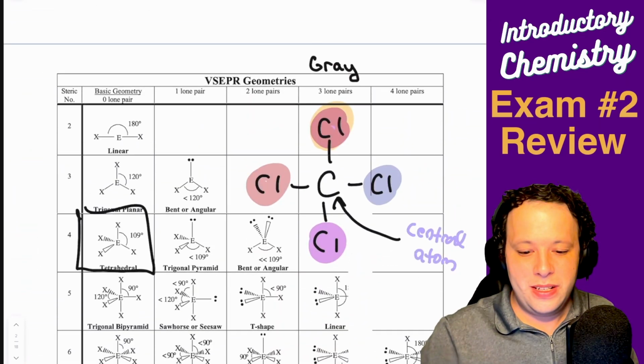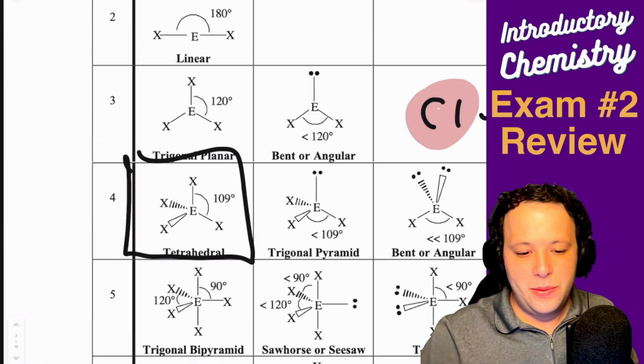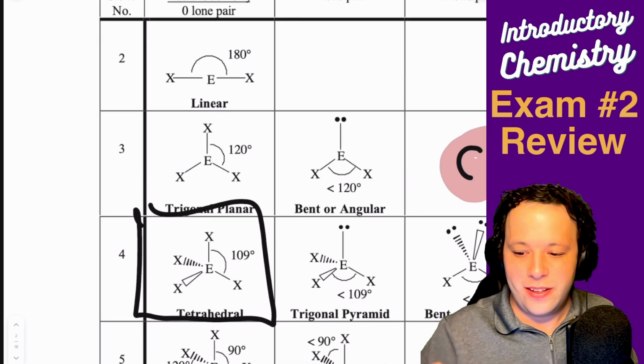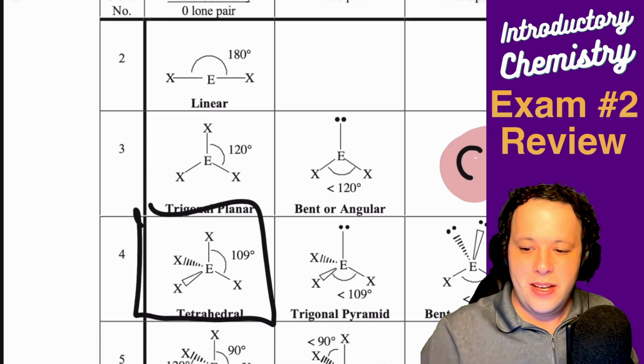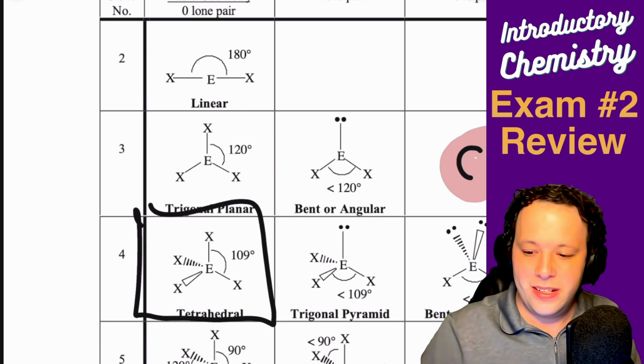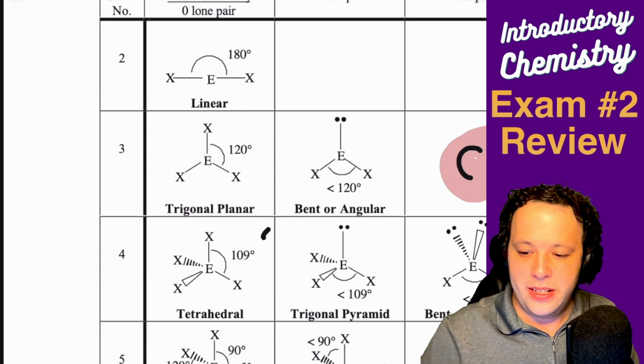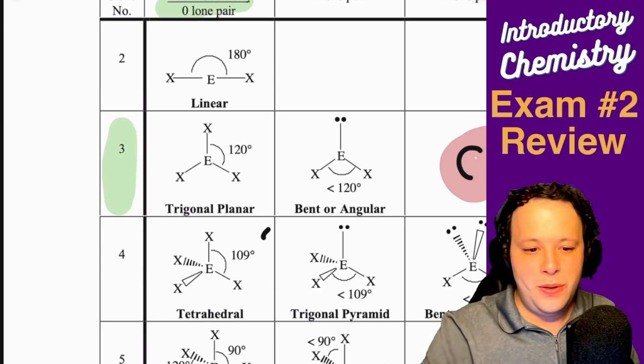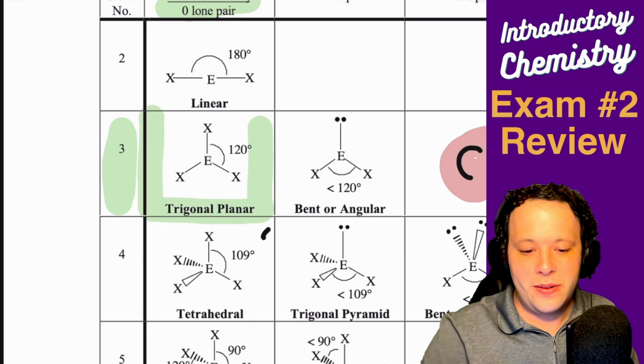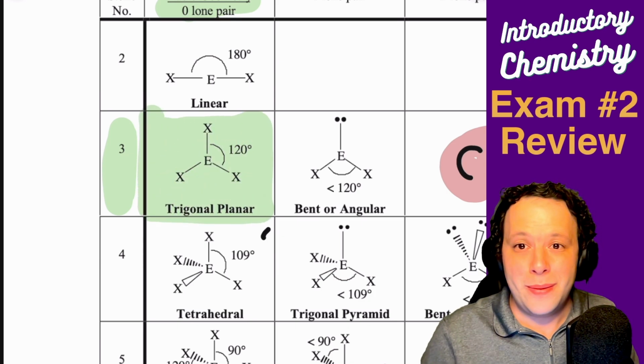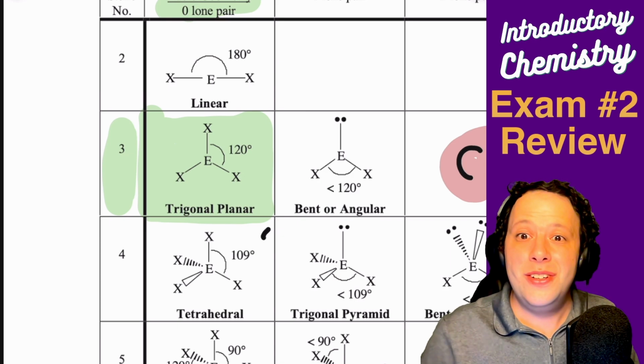Once we do that, we're going to find our 3 groups with no lone pairs. So we have 3 groups right here, no lone pairs. So where are we going to go is right here. So what does that tell you? You have a trigonal planar geometry for CO3 2 minus.